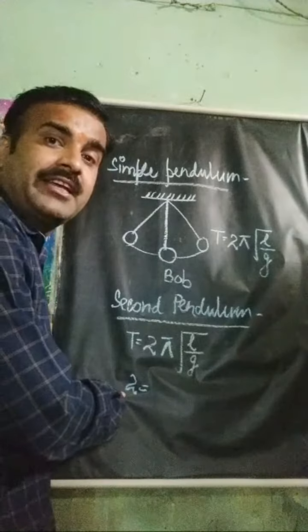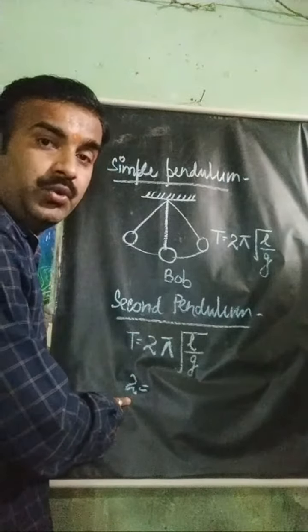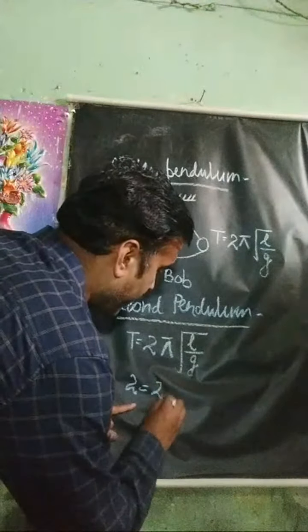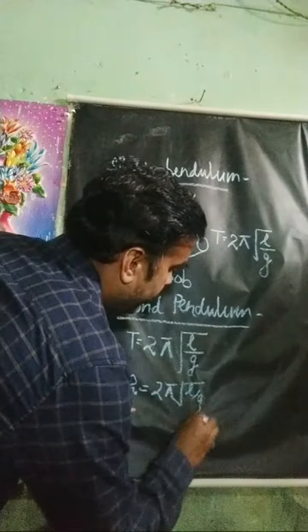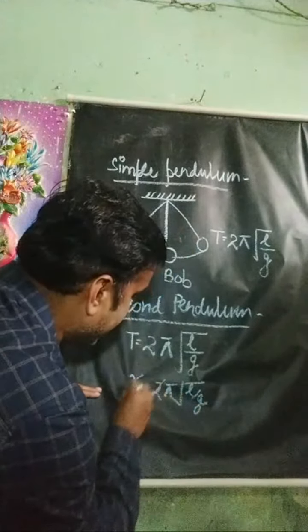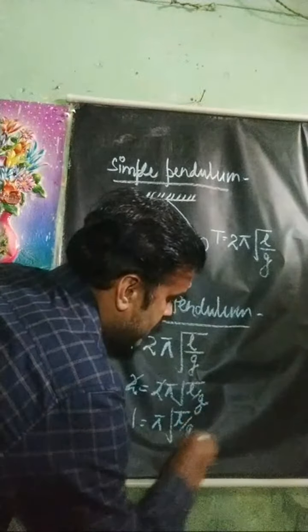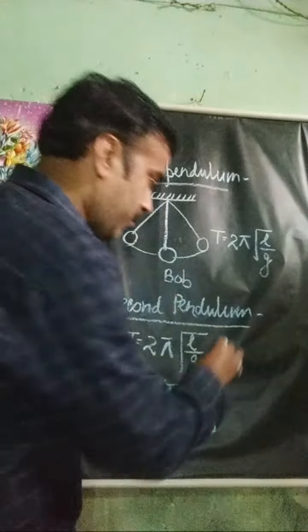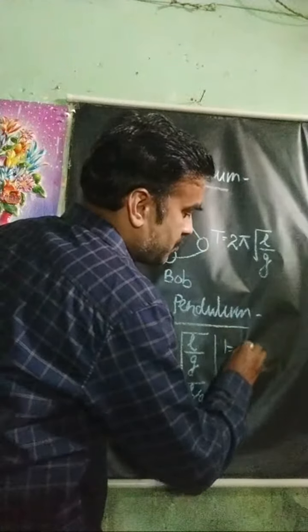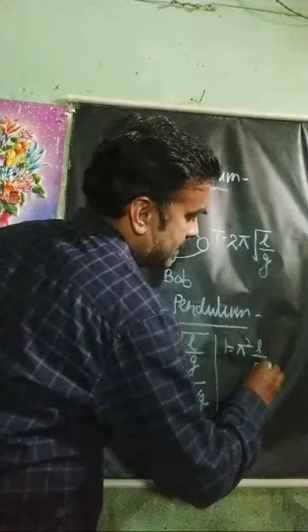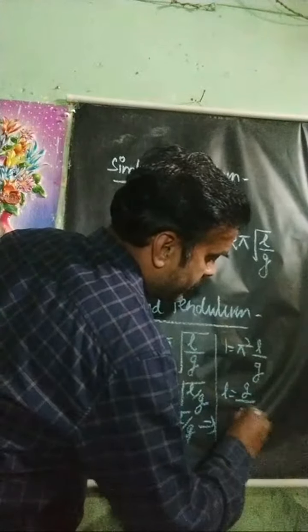In place of capital T, we put 2. So 2 equal to 2 pi under root L by G. This 2 will be cancelled, so 1 equal to pi under root L by G. Squaring, 1 equals pi square L by G, so L equals G upon pi square.